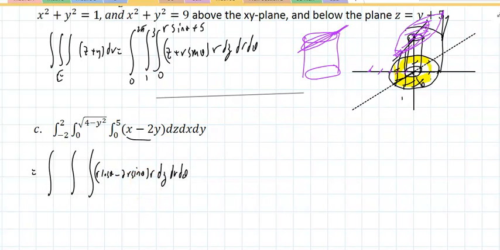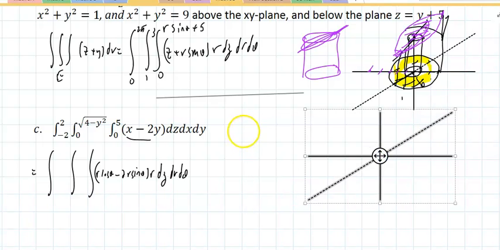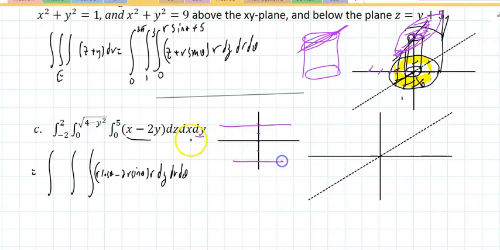Now, if I look at the graph, how does that work? First, let me get the 2 dimensions out of the way. This way I could really get the 3 dimensions. I'm looking at y running from y equals negative 2 to y equals positive 2. And x runs from 0 to this half of a circle.